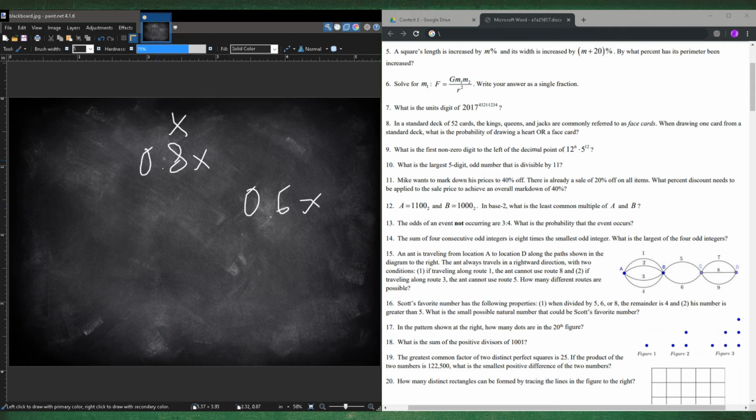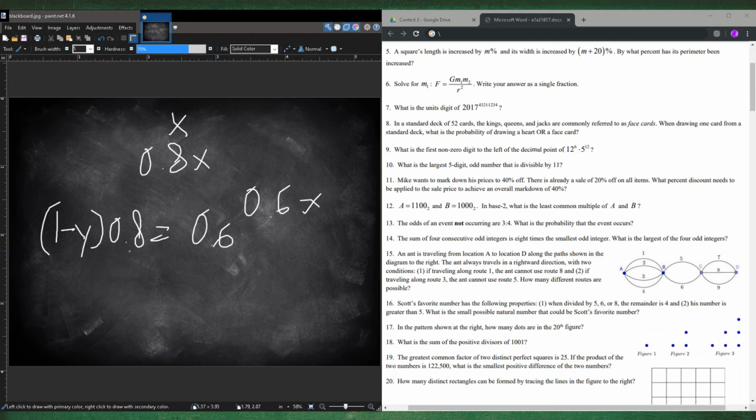So you need another percent markdown. Let's say you want a 20% markdown, right? That's just 1 minus 0.2, times the 0.8 as the sale. So whatever you put as your markdown, we just have 1 minus y times 0.8 has to equal 0.6.